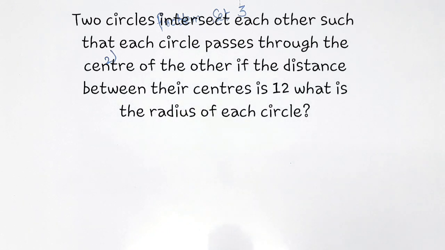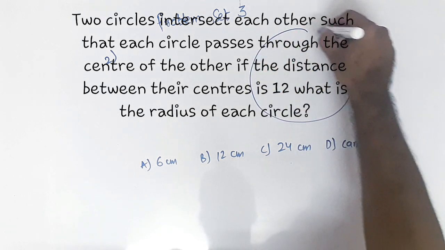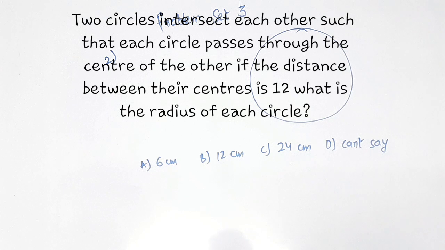Second one says that two circles intersect each other such that each circle passes through the center of the other. If the distance between their centers is 12 centimeter, what is the radius of each circle? Now let us try to understand the first sentence given.